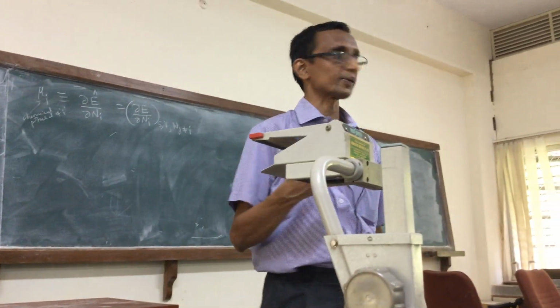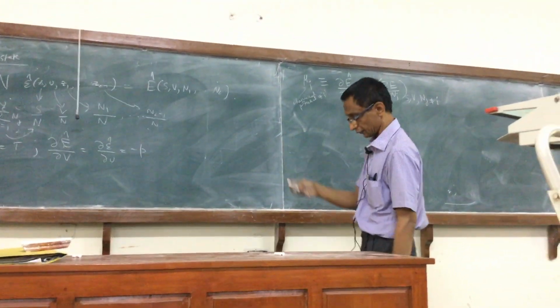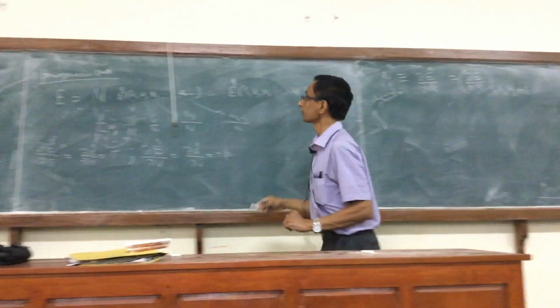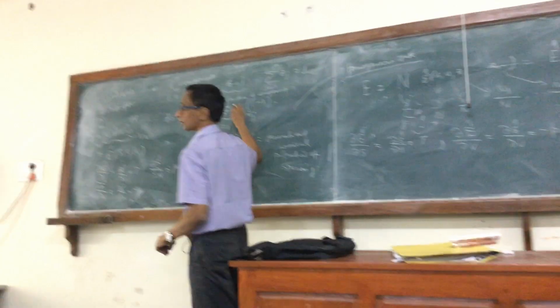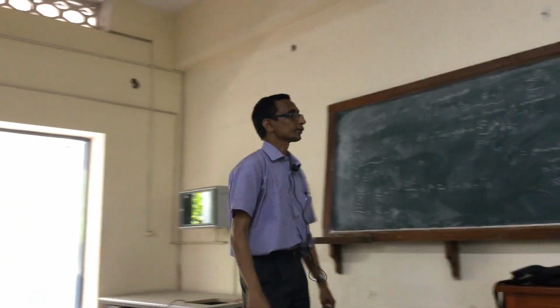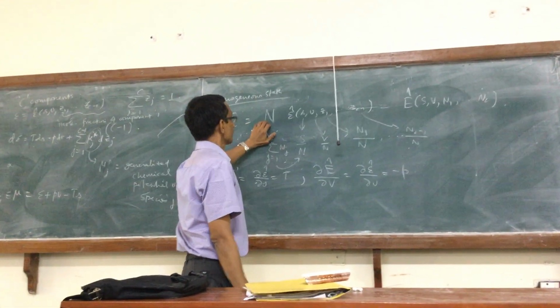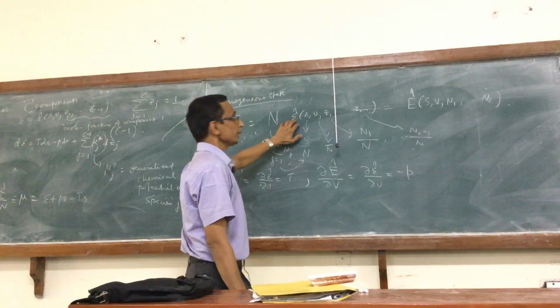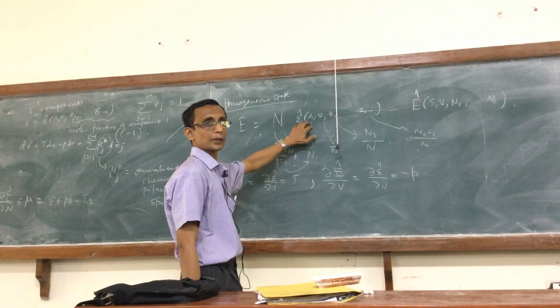Now how is this related to the various other quantities? We will now see that. So I already know what I want to do, which is to relate it to P and the mu A stars. First, E is a product of two terms, so I want to differentiate with respect to Ni.